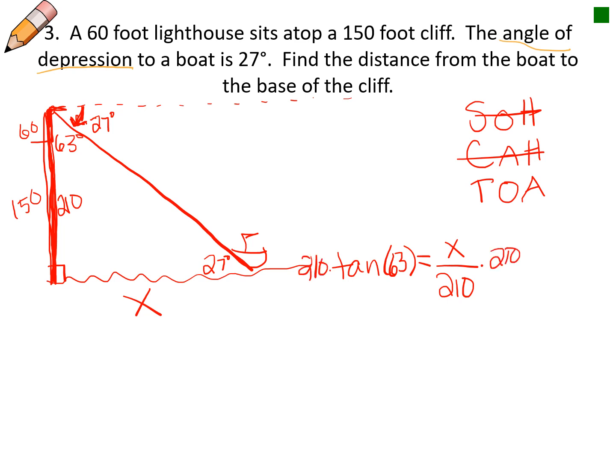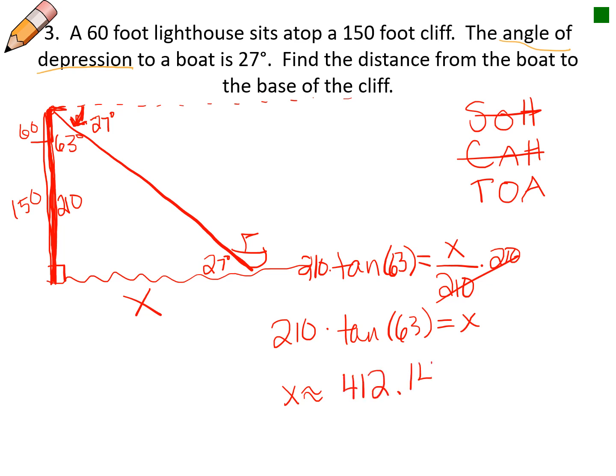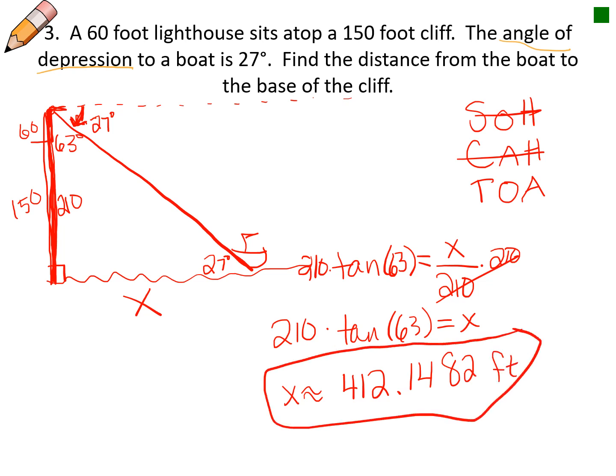So what we're plugging into our calculator then is 210 times tangent of 63. Let me just punch that into my calculator. And we get that the boat's distance is approximately 412.148 feet from the base of the cliff. And that is my answer.